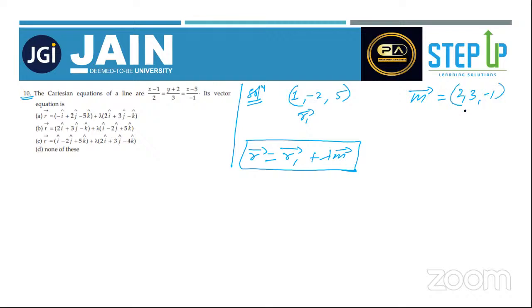Two, 3, and -1. So what is the answer? Answer is option D. That is none of these.